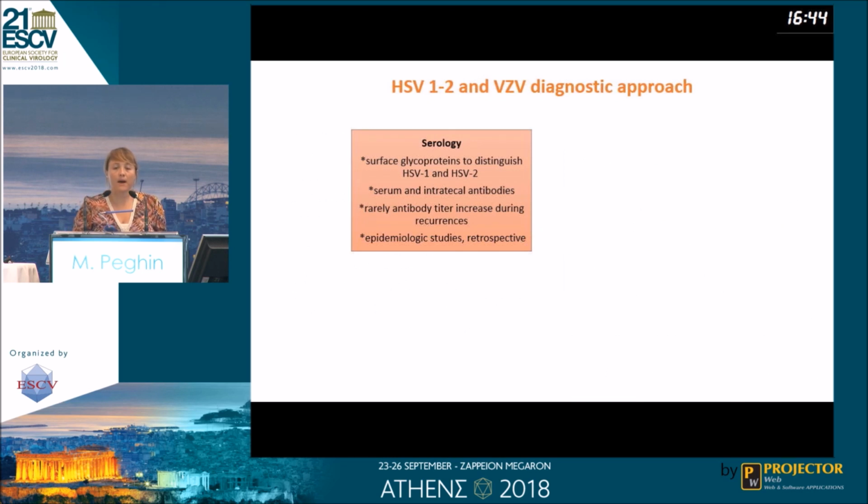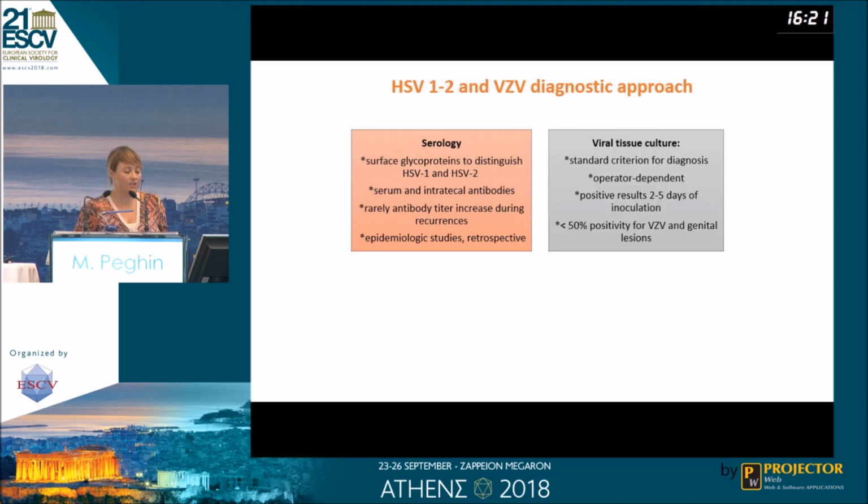Then we will talk about the possible diagnostic approaches for herpes 1 and 2 and varicella zoster virus. We can use serology, which is really useful for large epidemiological studies and retrospective diagnosis, but rarely increases during recurrences.